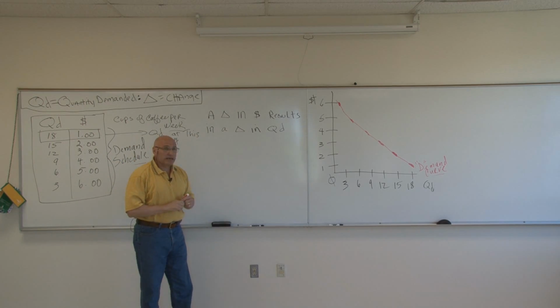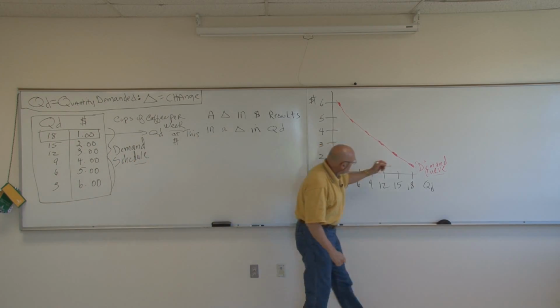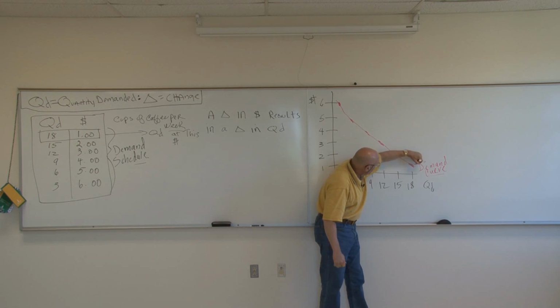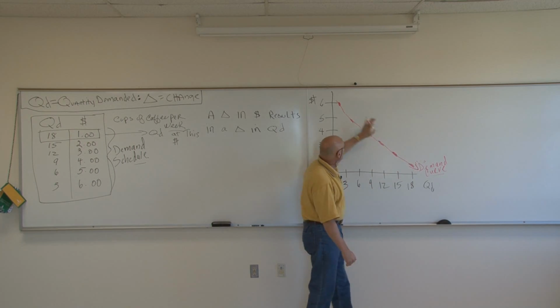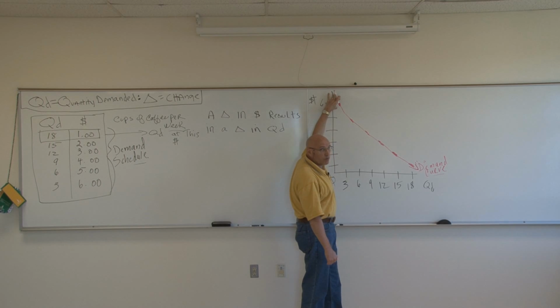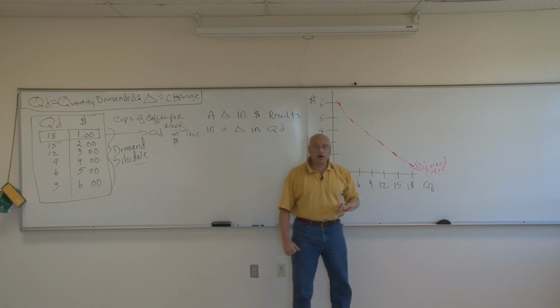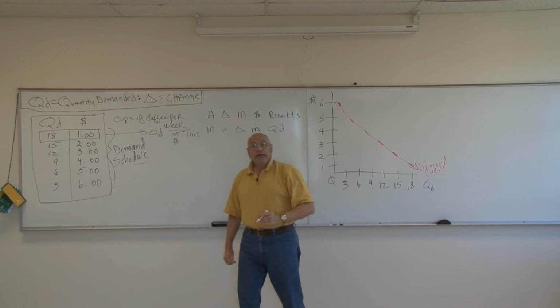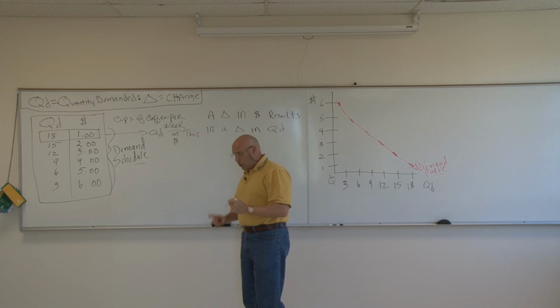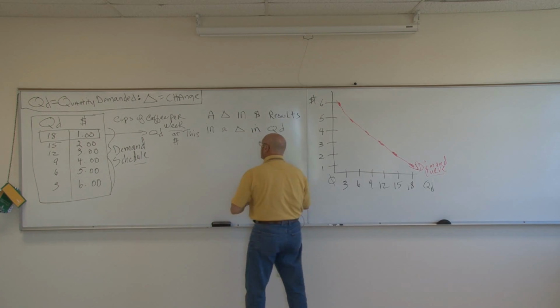Now, if we take a look at this for a minute, we can see that my demand curve slopes downwards, meaning that it starts high on the left and ends low on the right. It slopes downward because of what we call the law of demand.